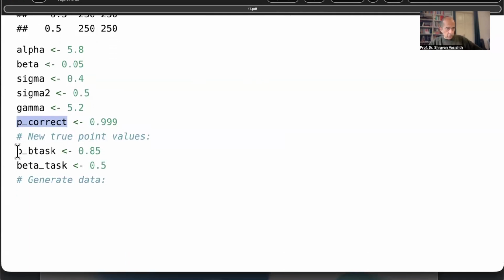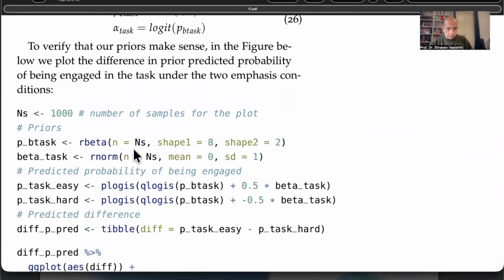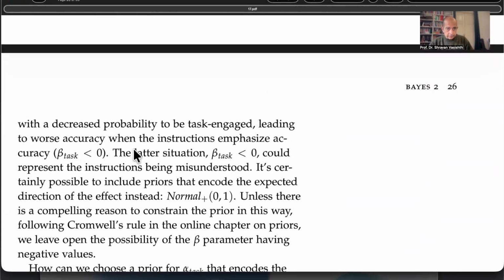This is the probability of the average... this is slightly confusing, because the probability of B task, which is set at 0.85, is representing what?